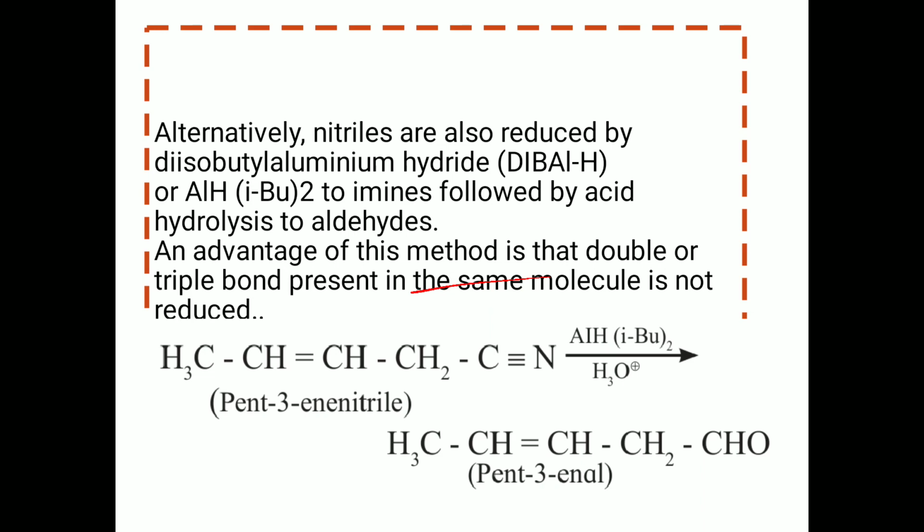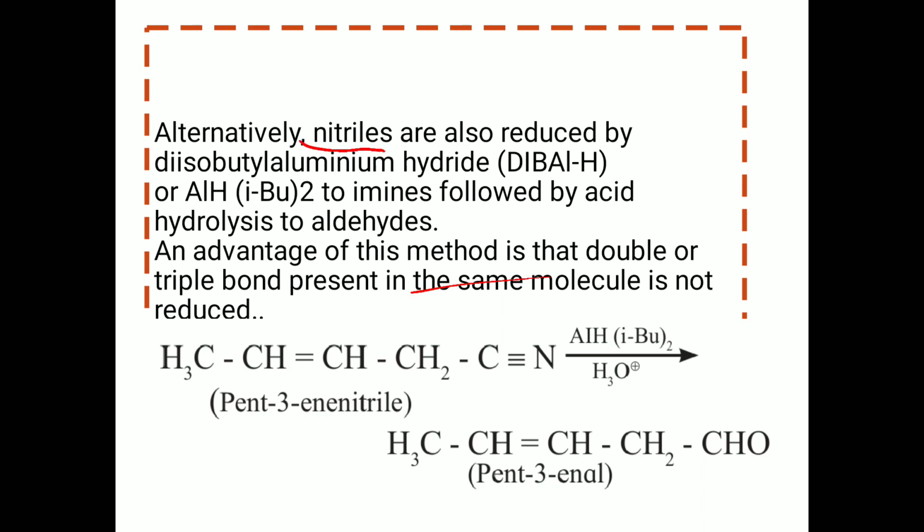Now in this reaction we have prepared the aldehydes from nitriles, and there is an alternate method. For this, another reagent is also used, that is DIBAL-H reducing agent, or AlH(i-Bu)2.